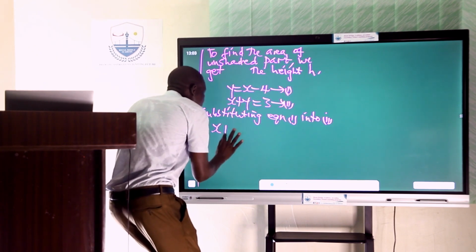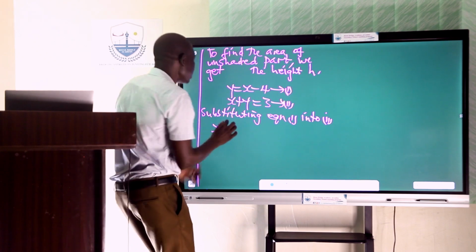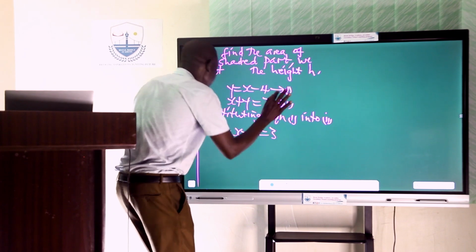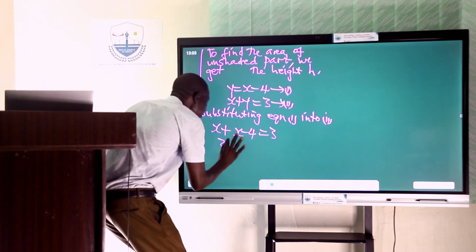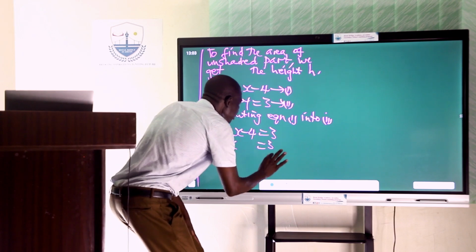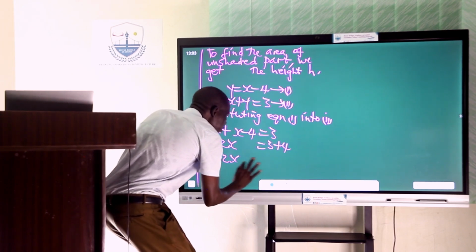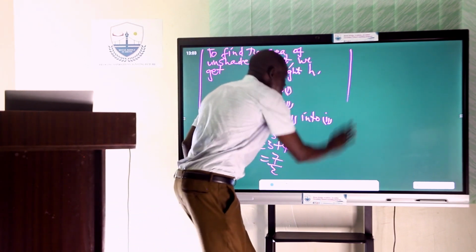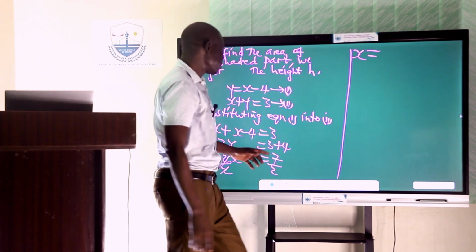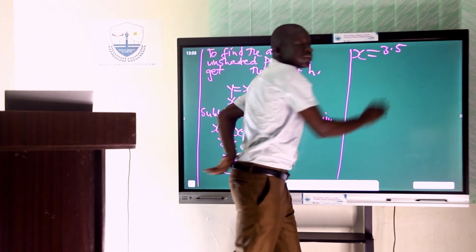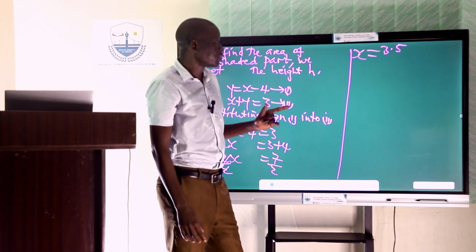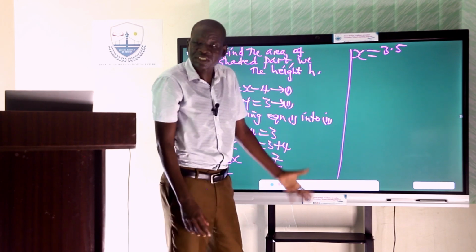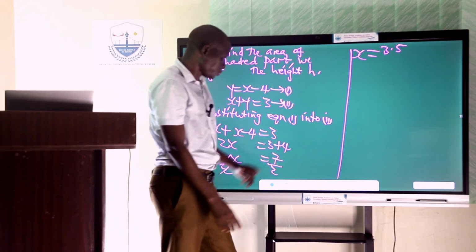We have x plus x minus 4 equal to 3. X plus x is 2x, which equals 3 plus 4, so 2x equals 7. Dividing by 2, x gives us 3.5. So that is the value of x. We are only interested in the value of x; we may not find the value of y.